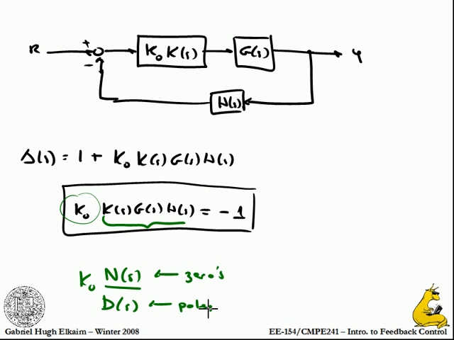Now, these are the zeros and the poles of what? Right? I've taken this and I've rewritten it as k naught n of s over d of s. What's in the numerator are the zeros.